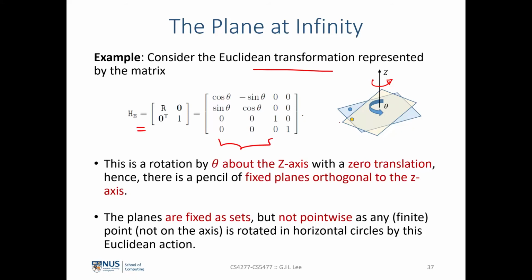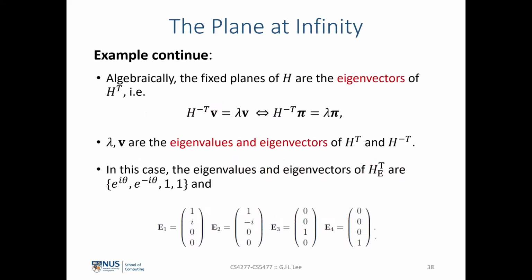But what happens here is that we can see that it's fixed as a plane as a set, but not point wise, because we can see that the points here with respect to the original axis, the representation is going to change, is going to be transformed to another point here. It's going to rotate in a circle by this Euclidean action over here.